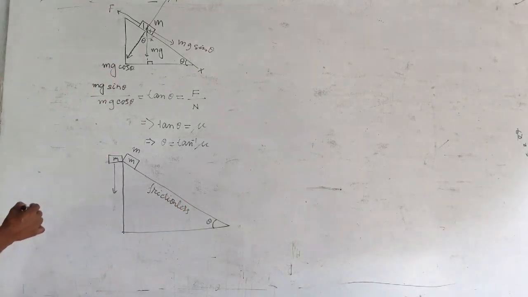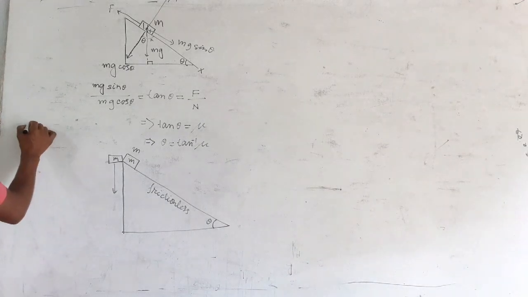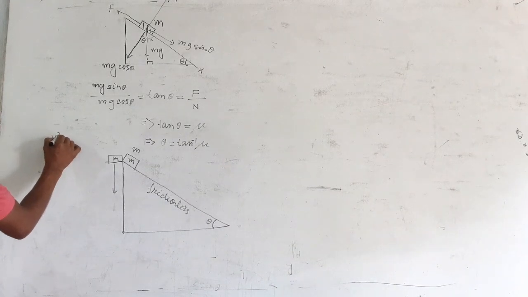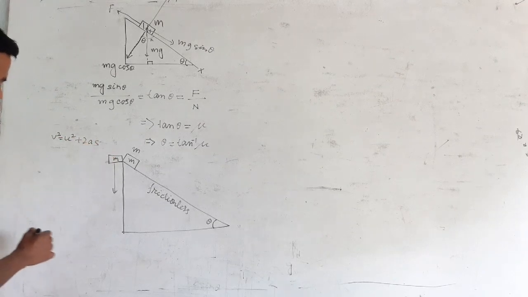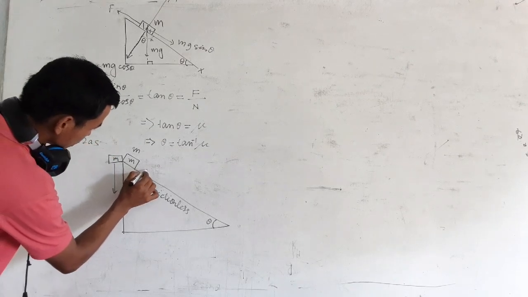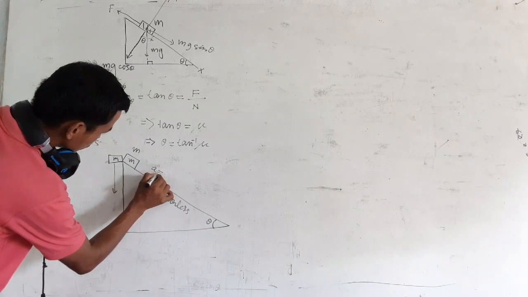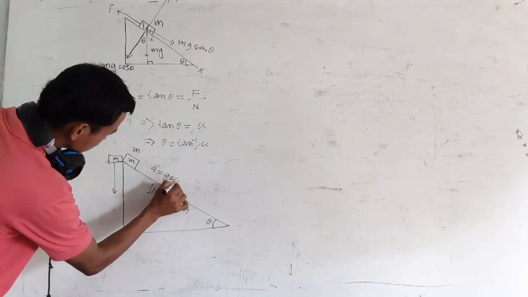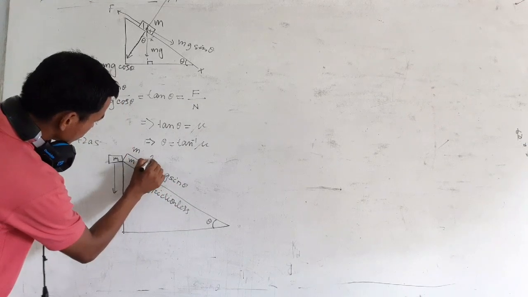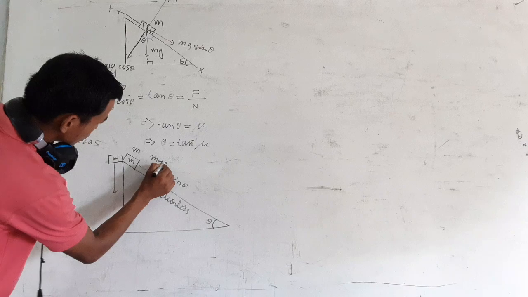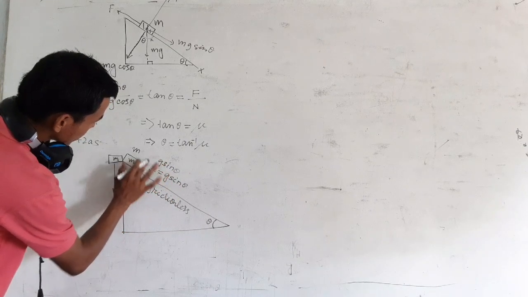The initial velocities for both cases are 0. Therefore, using the equation v squared is equal to u squared plus 2as. This sliding motion has acceleration a equal to g sin theta, because along this component the force is mg sin theta, and m cancels, leaving g sin theta.